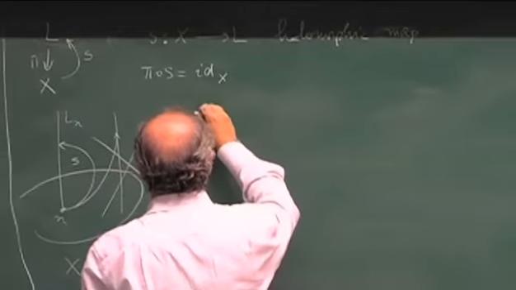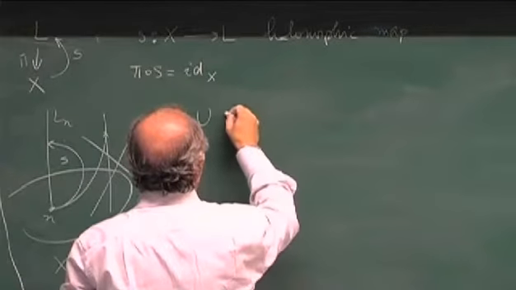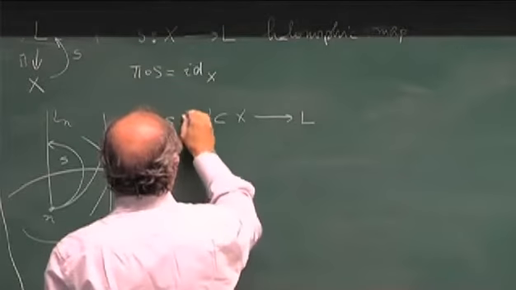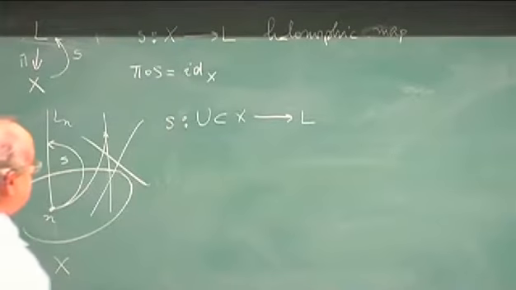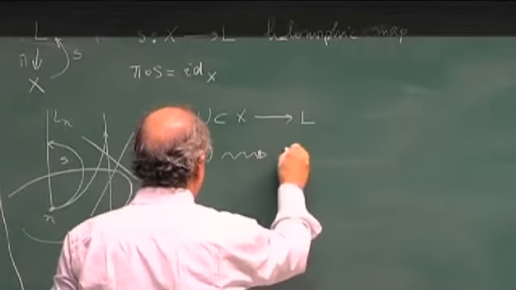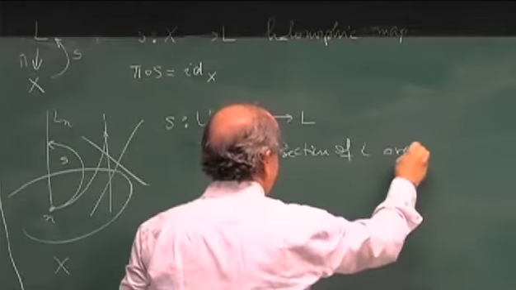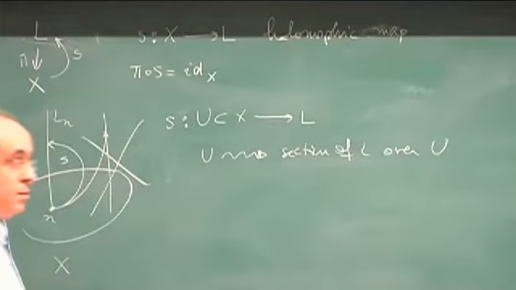On the other hand, note the following. Of course, I can do the same if I take an open subset and I consider sections only on the open subset. So, to U, I can associate all sections of L over U. And I claim that this is a sheaf.